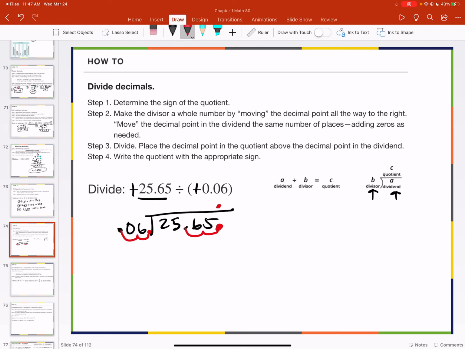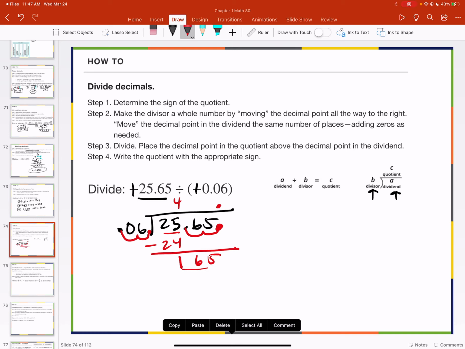So now we can think of this as 6 into 2,565. 6 goes into 25 4 times, right? 24. Subtract, bring down the 1, 6, 5. 6 goes into 16 twice. So that's 12 here.